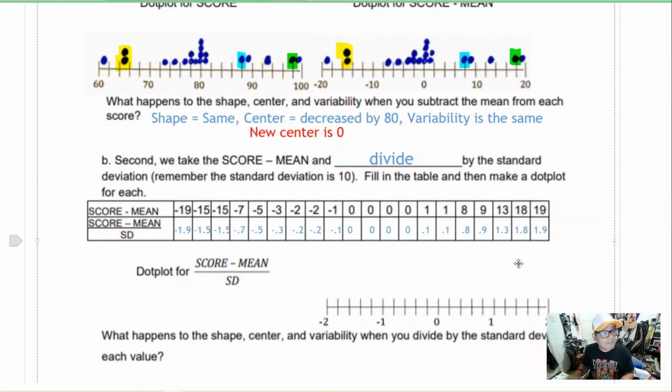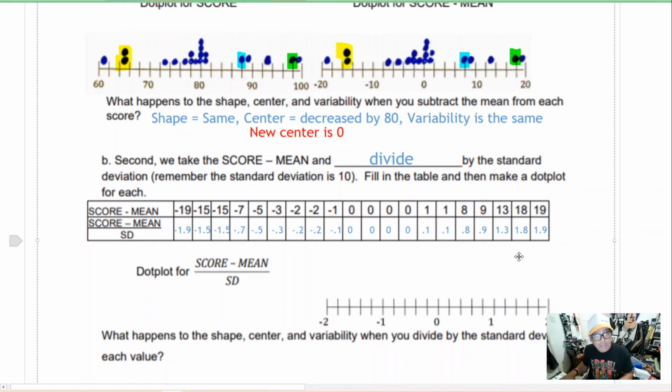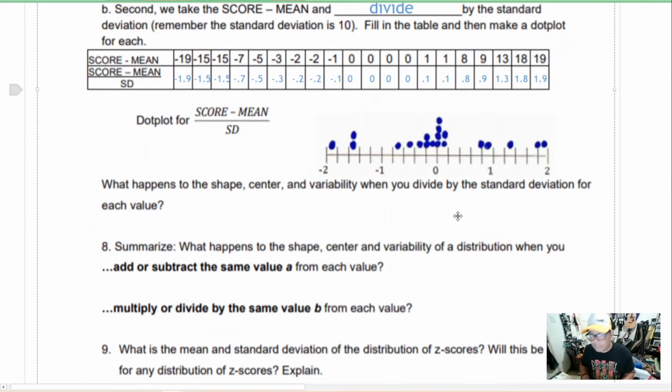Now these are our z-scores, so when we graph our z-scores, what are they going to look like? And if you said the exact same thing, you're right. The only difference now is we've taken that distribution and we've squeezed it to fit so that the center is at 0 and most of the data is between -2 and +2.